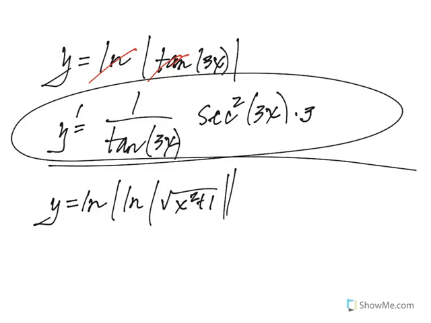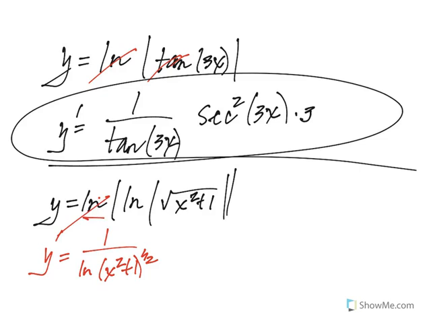All right, let's take a look at this one. Here's another chain within chain within chain. Let's just start with the outermost function first. That is this natural log right here. So I've got y prime is equal to 1 over what I'm logging. I'm logging the natural log of x squared plus 1 to the 1/2 power. So I'm done with that portion right there.